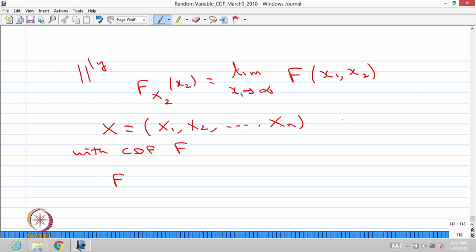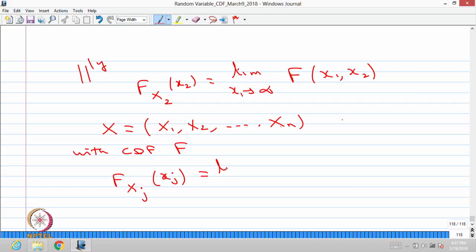Then we can find the CDF of any one random variable. Suppose I want to find the CDF of the jth random variable, where j is between 1 and n.